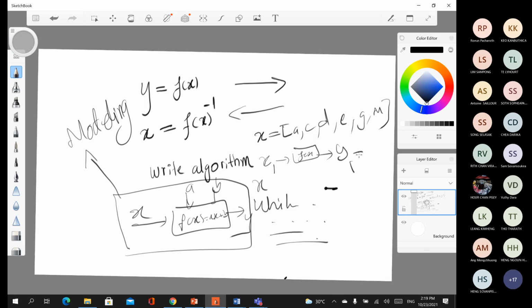For example, you put in a and the answer is p. Then you put x2 into the function, you get y2, for example you put c and you get another value, q. So the way you run it step by step to let your audience see, we call this kind of thing simulation.